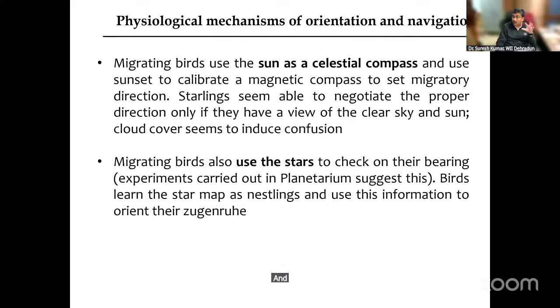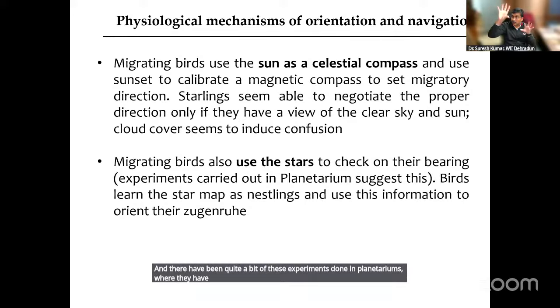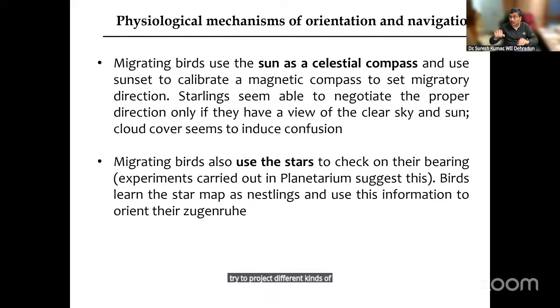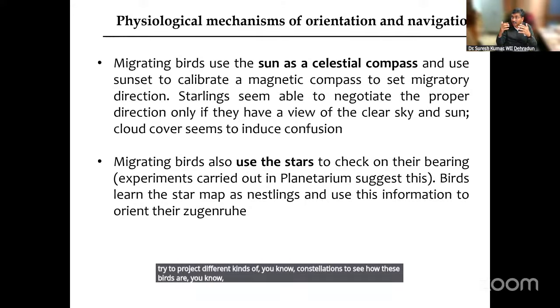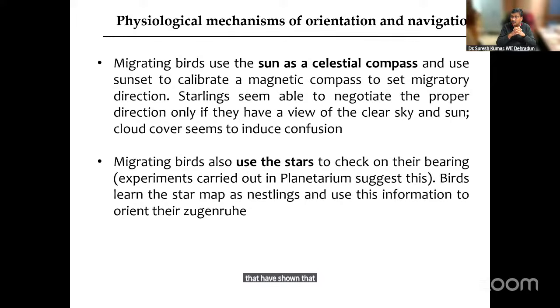And there have been quite a bit of these experiments done in planetariums where they have tried to project different kinds of constellations to see how these birds are changing their flight path and things like that. Some very interesting studies have shown that these birds are definitely responding to star locations.